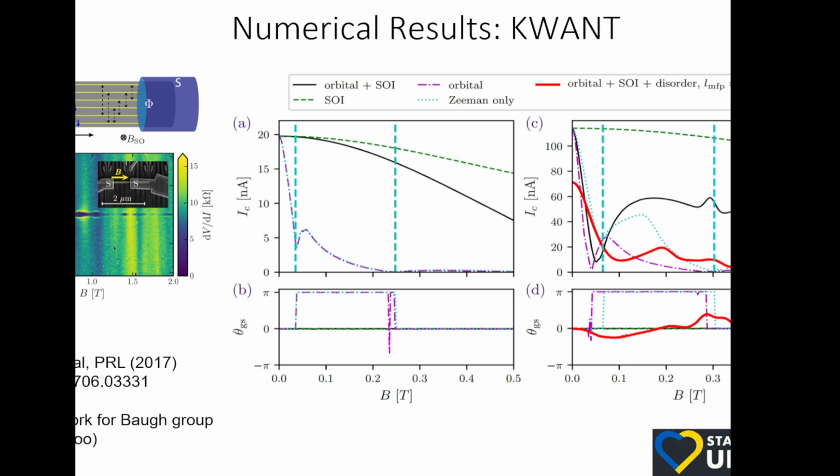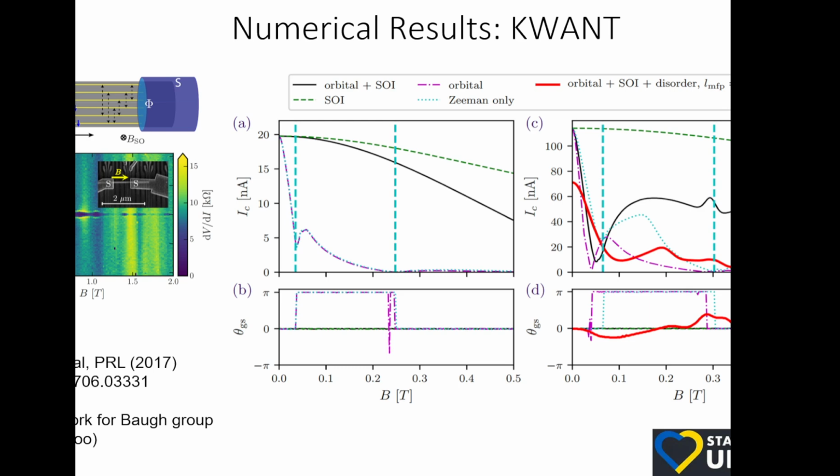And then if you look at the ground state phase of the current-phase relation, you see that when there is this feature, it goes from 0 to pi, and then there's another lobe, and it goes back to 0. So really you can have a pi junction if you have orbital and Zeeman and nothing else, and only one mode occupied. Beautiful.